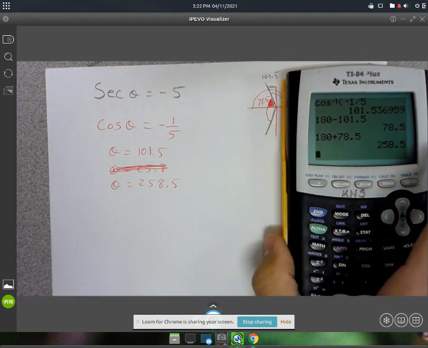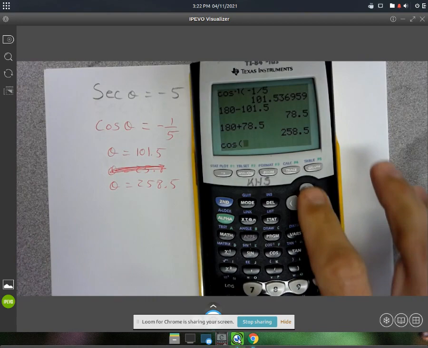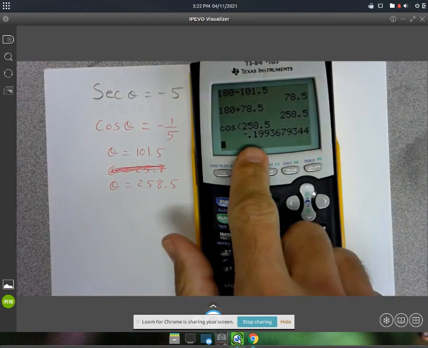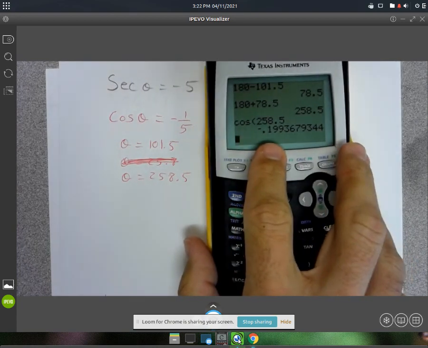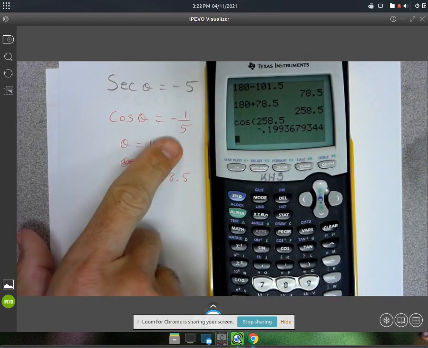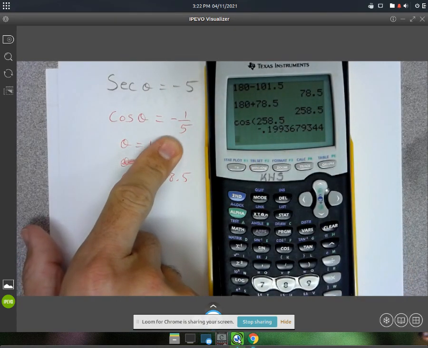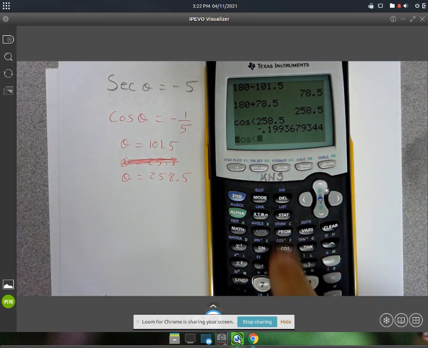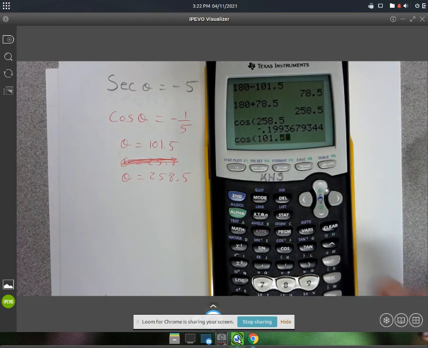So if I do the cosine of that answer, that's going to give me -0.2. Okay, and that is what -1/5 is. -1/5 is -0.2. Okay, and again, cosine of 101.5, same answer.